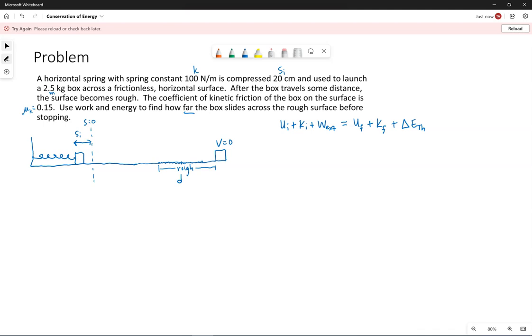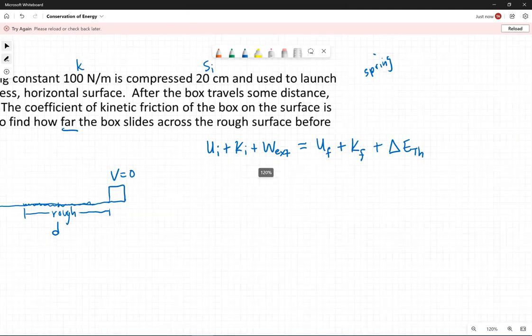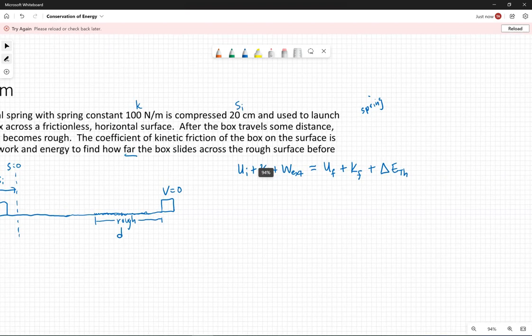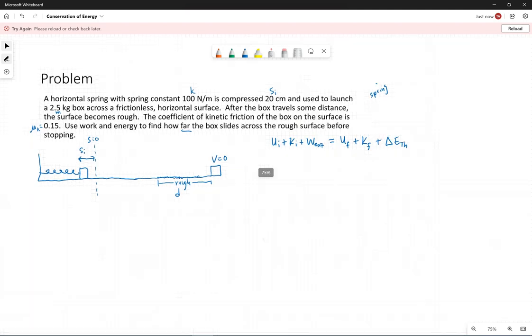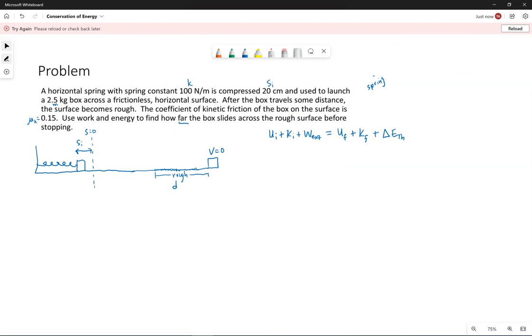I know the forces acting on the box are the spring, which we account for in terms of potential energy.